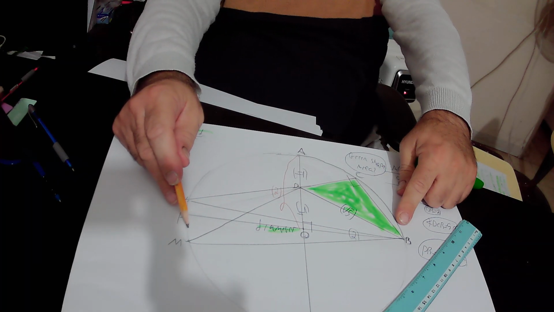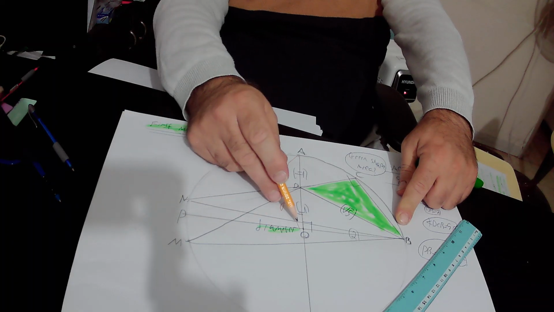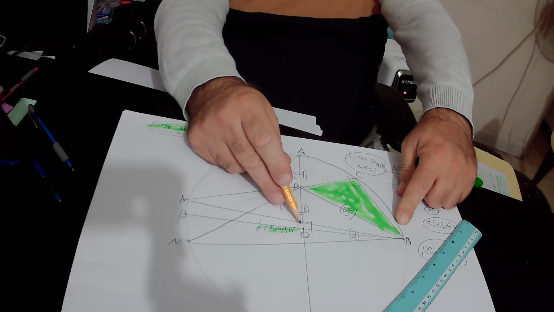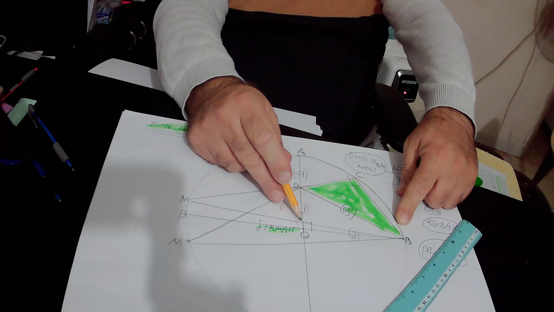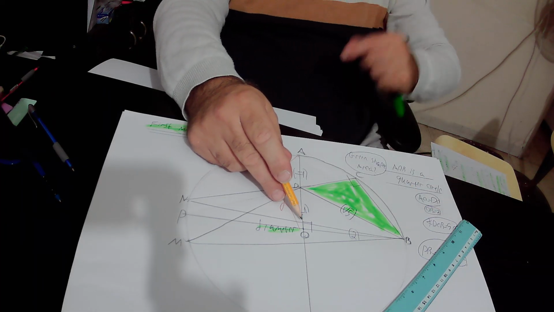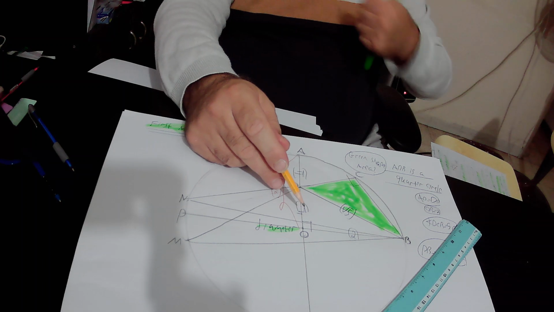That is definitely not the diameter of the circle, because it doesn't pass through point O, the center, and any chord that doesn't pass through the center cannot be the diameter. So we have a contradiction to rule 5.